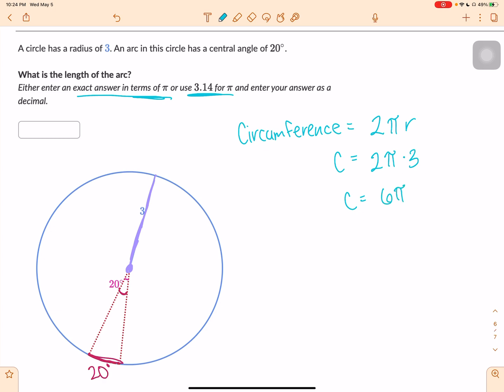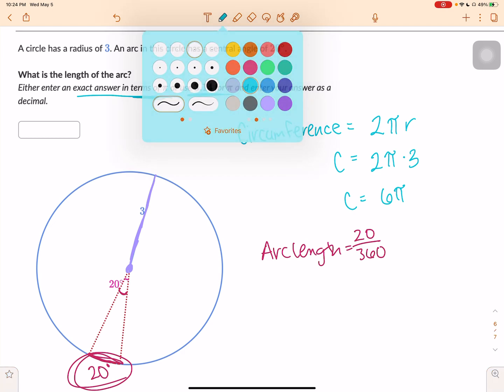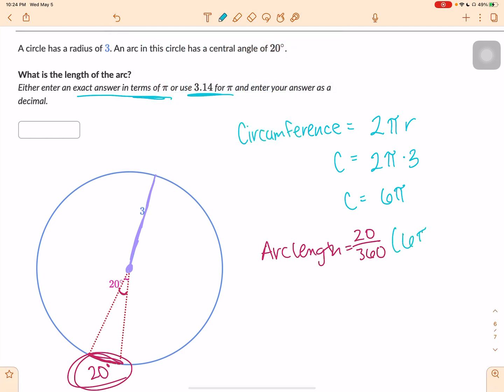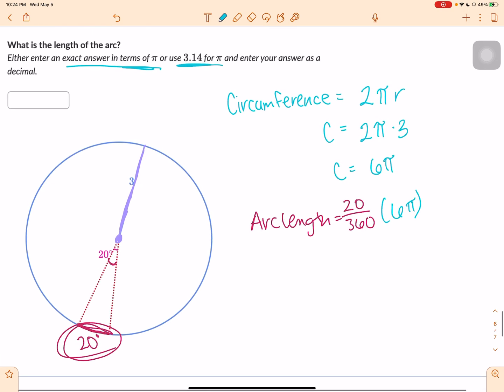So now the arc length is going to be the fraction of the circle, so it's 20 degrees out of 360 degrees times my circumference, which is 6 pi. So with that fraction there, I always want to reduce it.